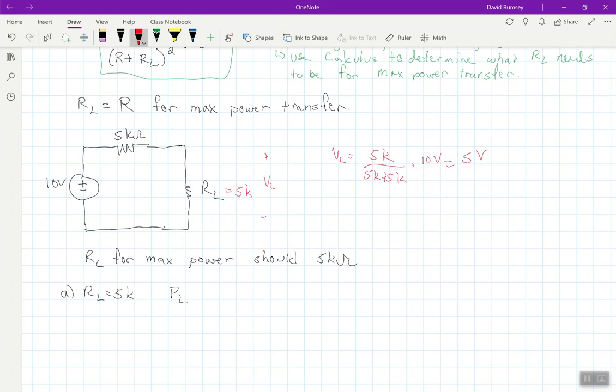So we get 5 volts. Very simple voltage division there. And then the power of the load would simply be voltage of the load squared divided by the resistance of the load. So this would be 5 squared divided by 5K, which I believe gives you 5 milliwatts, but let's double check our computations here.